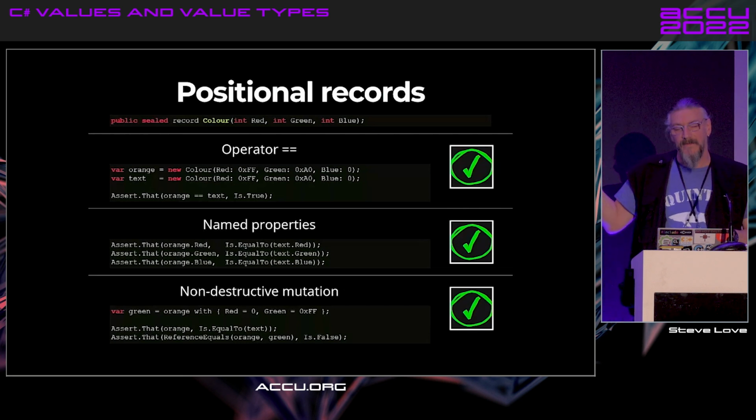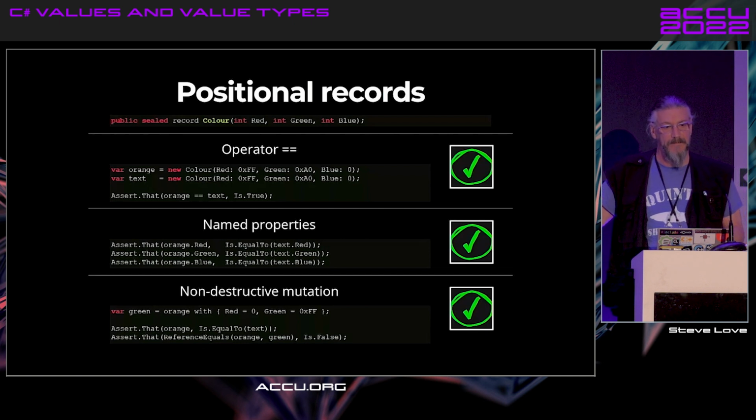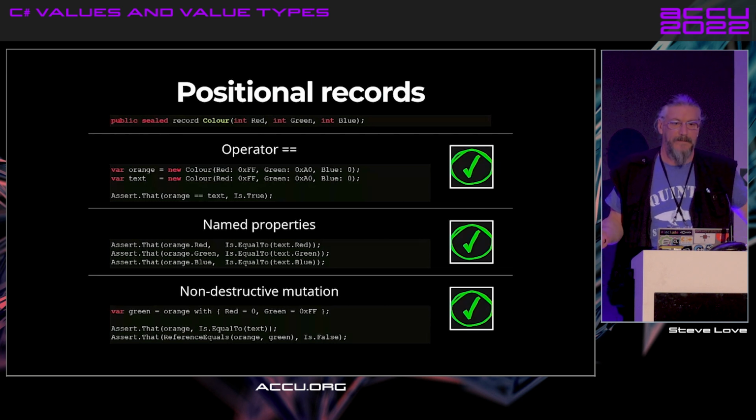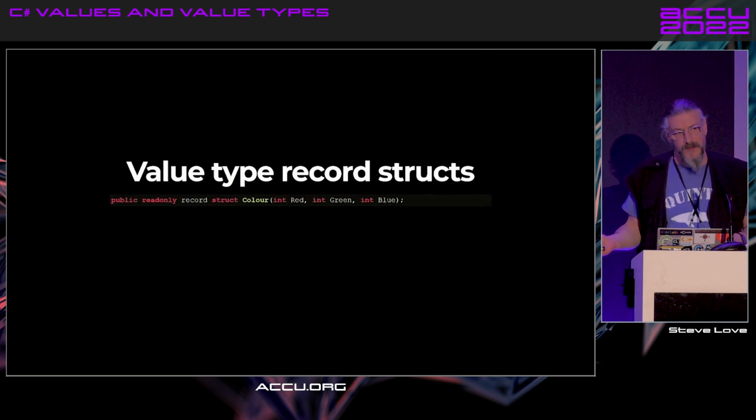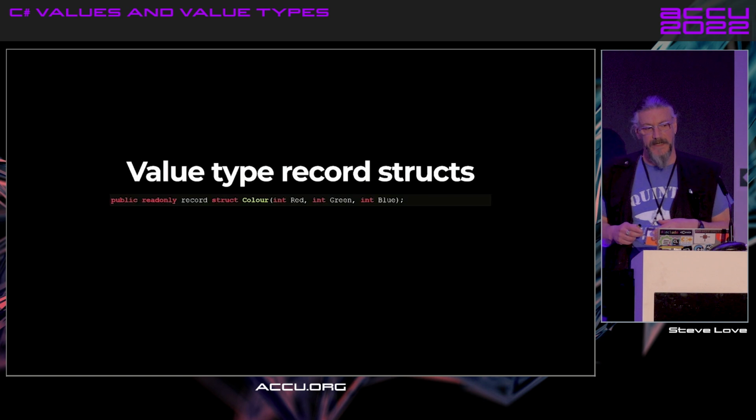So we can't default initialize an instance of Color because the compiler hasn't generated a default constructor. Not so for structs. They can always be default initialized.